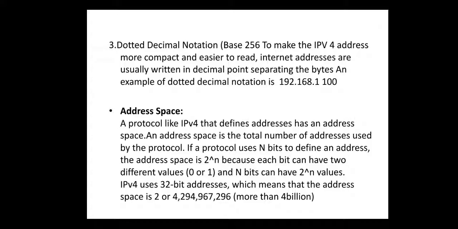If a protocol uses n bits to define an address, the address space is 2 raised to n, because each bit can have 2 different values, that is 0 or 1, and n bits can have 2 raised to n values. IPv4 uses a 32-bit address, which means that the address space is 2 raised to 32, which is more than 4 billion.